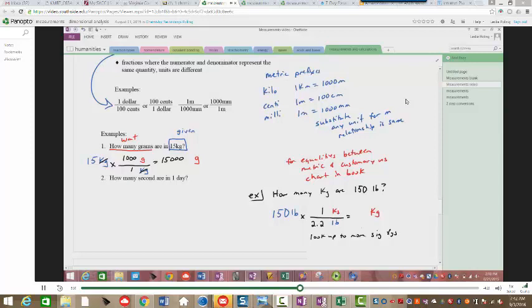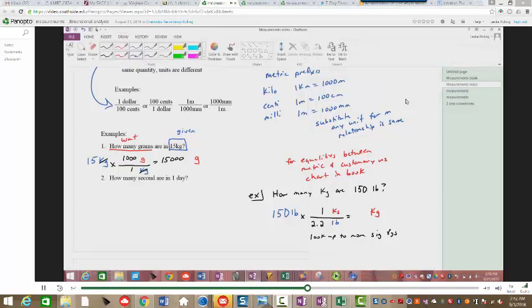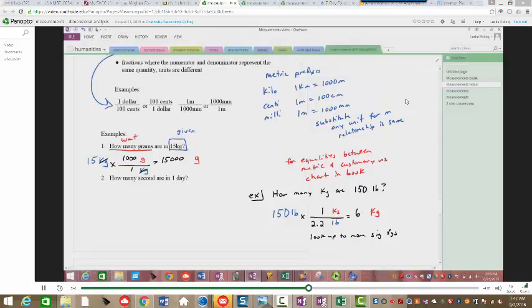So we have this time 150 divided by 2.2, and so that gives us 68 kilograms.